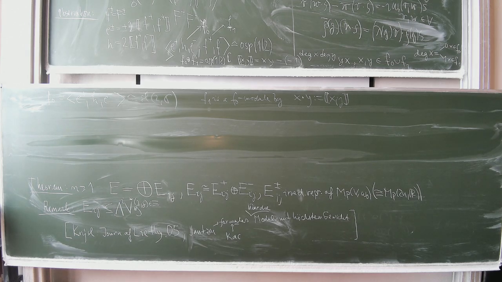We don't do it yet. This F0 is sometimes called the bosonic part, and F1 is sometimes called the fermionic part.